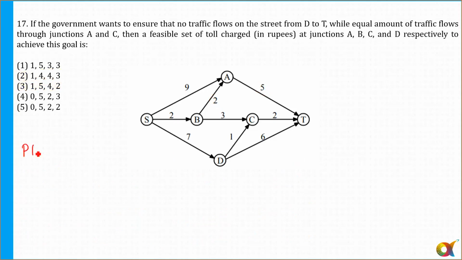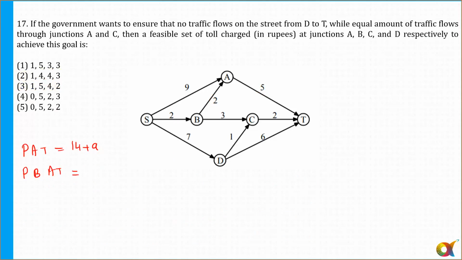That is SAT is equal to 40 plus A. The next one, the total cost in the path SBAT.